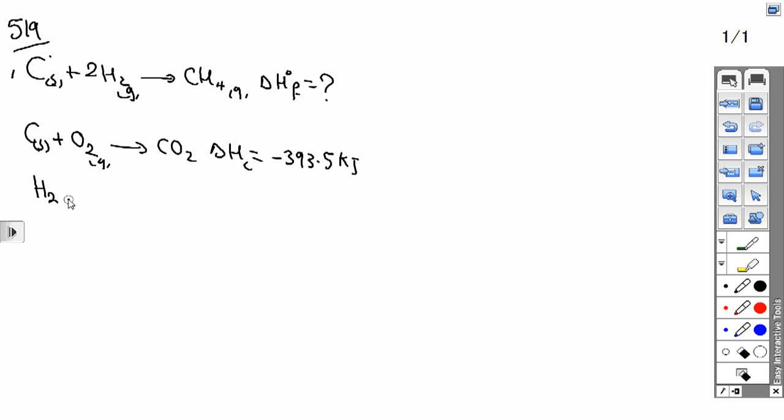H2 gas plus O2 gas produce H2O liquid, and delta H equals negative 285.8 kilojoule.